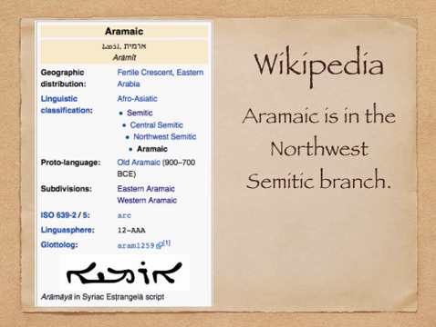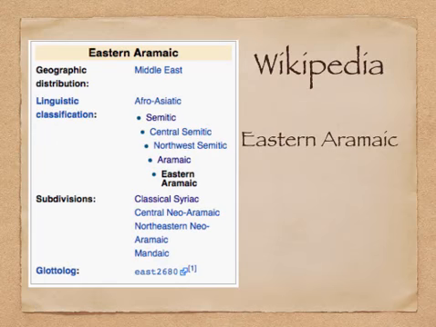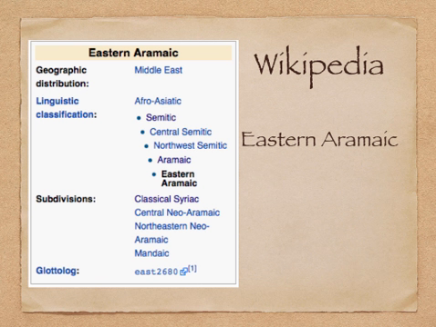If we click to find out what is meant by Eastern Aramaic, we have things like Classical Syriac, and the Aramaic Peshitta New Testament is written in Syriac, and we also have Central Neo-Aramaic and so on. So according to this breakdown, Syriac would be in the Eastern Aramaic, not Western.